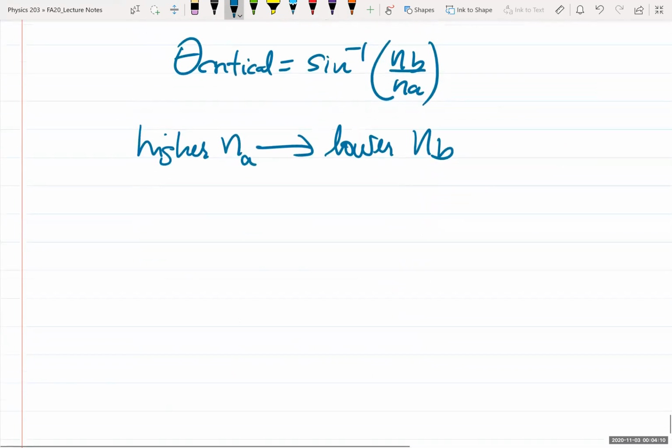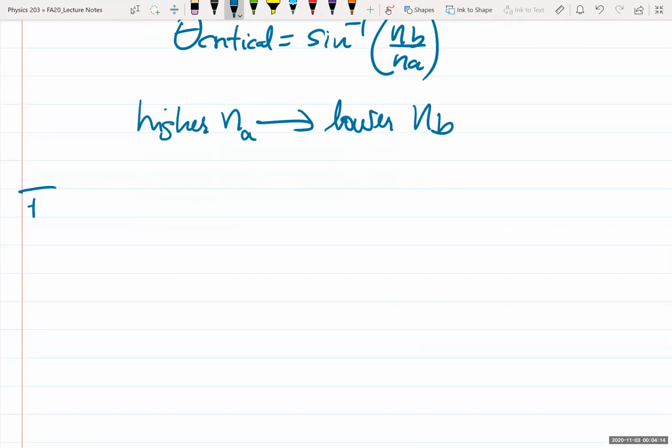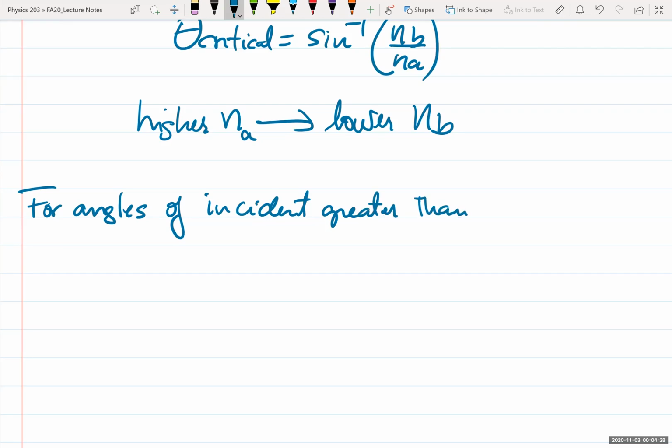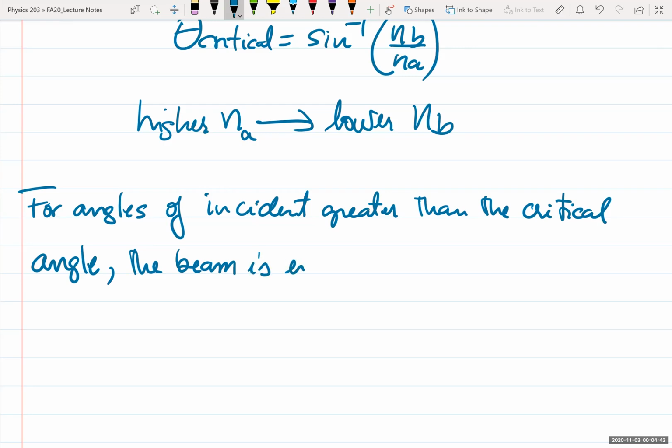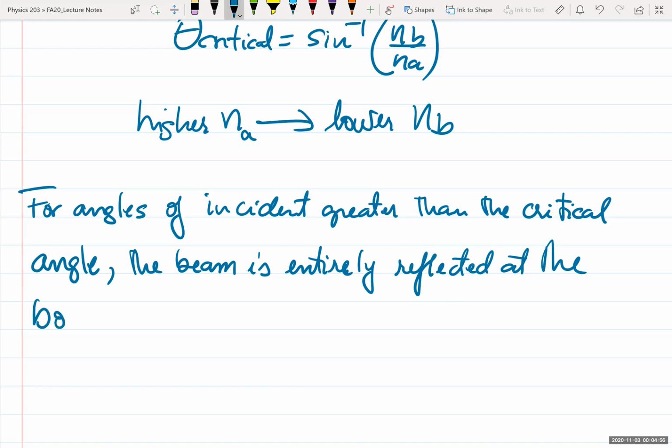Now, for angles of incidence greater than the critical angle, the beam is entirely reflected at the boundary, meaning no refraction.